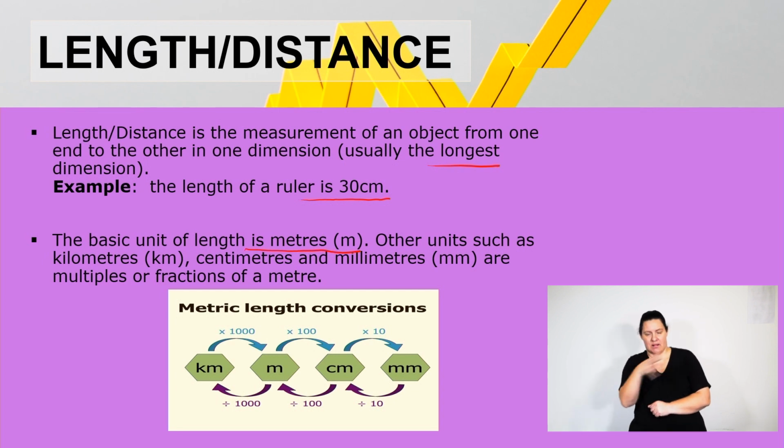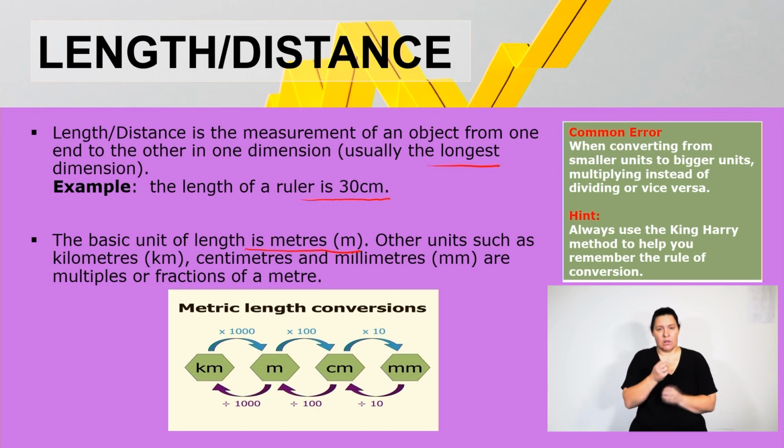Look at that table that has been provided over there. Remember, we said when we convert from bigger units to smaller units, we multiply, and when we convert from smaller units to bigger units, we divide, and we use the multiples of 10 to do so.